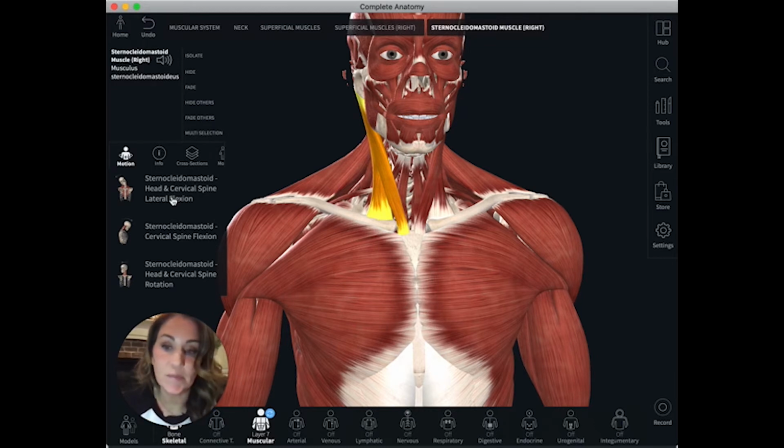So again, remember to specify one side or both sides. The sternocleidomastoid also, if one side contracts, it can laterally flex the neck as well. So if one side contracts, it can laterally flex the neck, or it can contralaterally rotate the head to the opposite side.